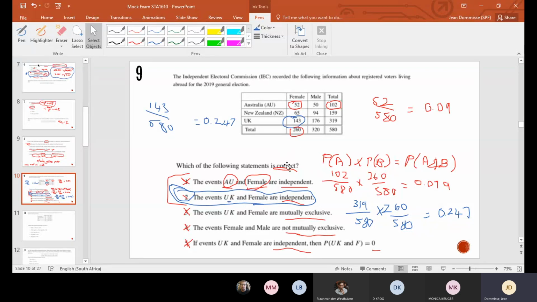Instead of 102, it could have been what 102 divided by 580 is. You can still get to the same answer.